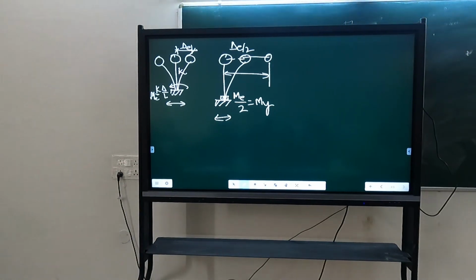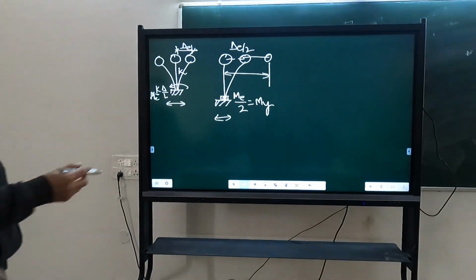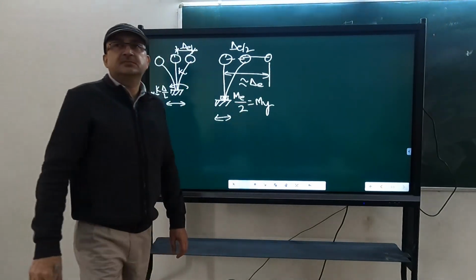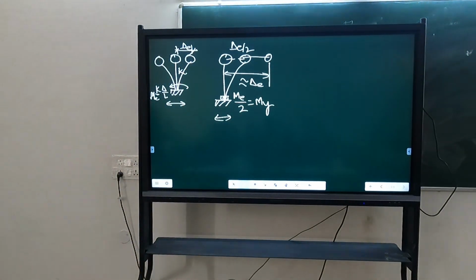So it will depend upon the period of the structure. I hope you remember what is velocity control range and displacement control range. If the period of the structure is in velocity control range or displacement control range, that means it is a long period structure, relatively flexible structure, then this will be equal to delta E. That is interesting in case of mine.